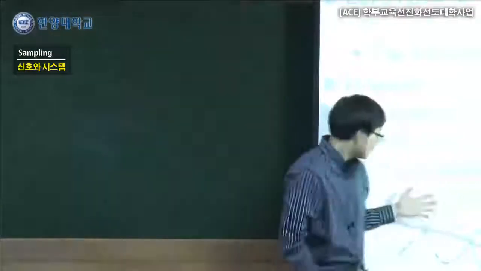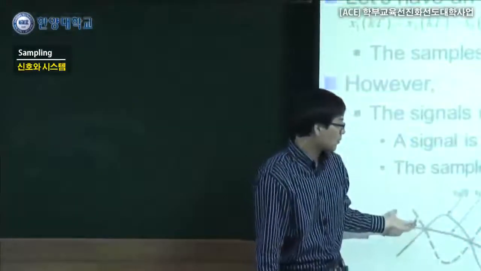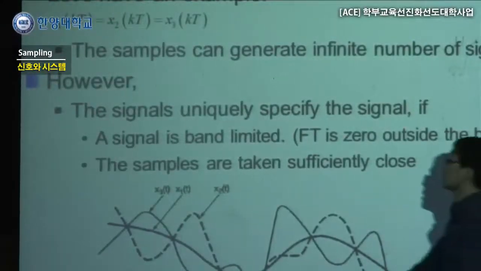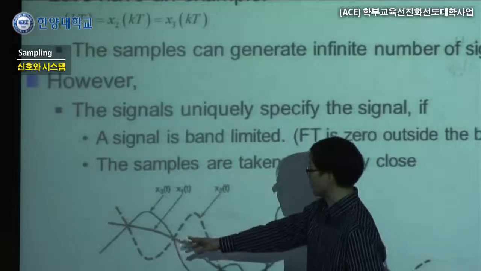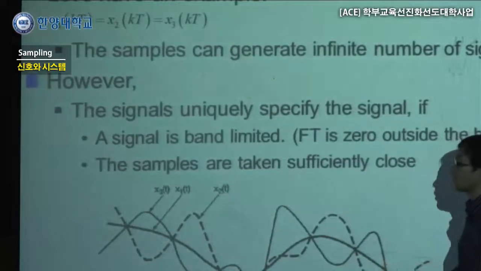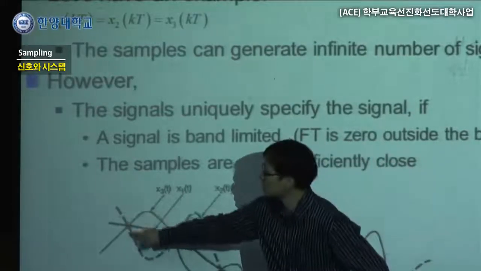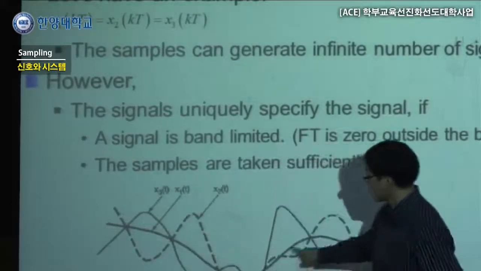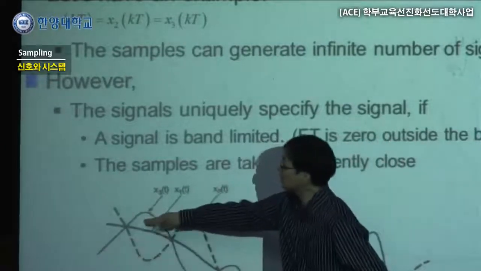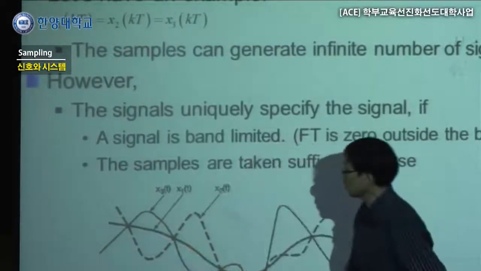This is one example showing three different graphs. The thick black solid line is x1, x2 is those dots, and x3 is the thin solid line over here.